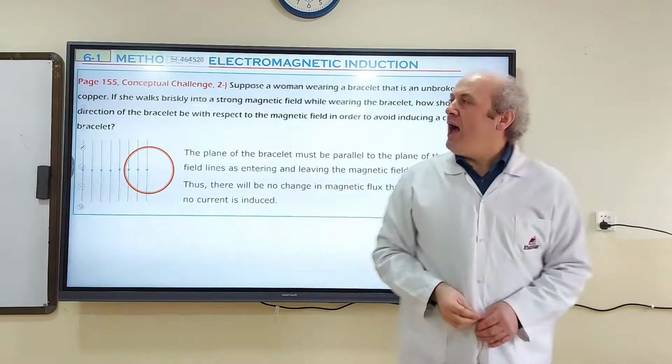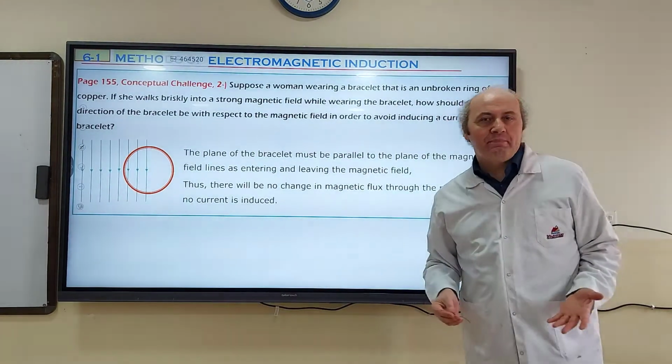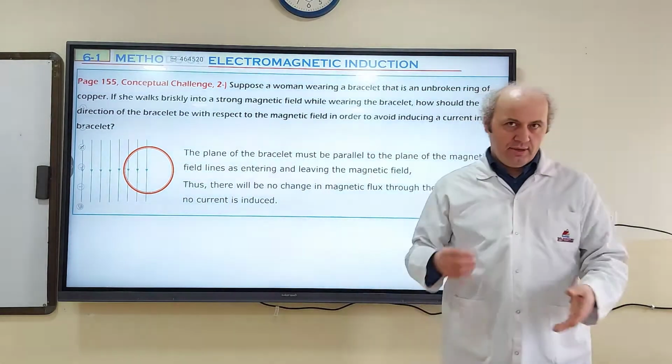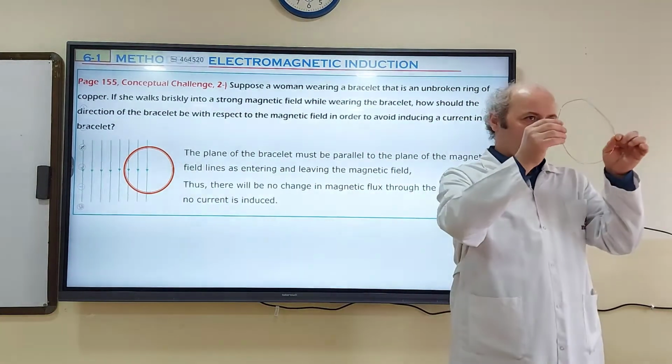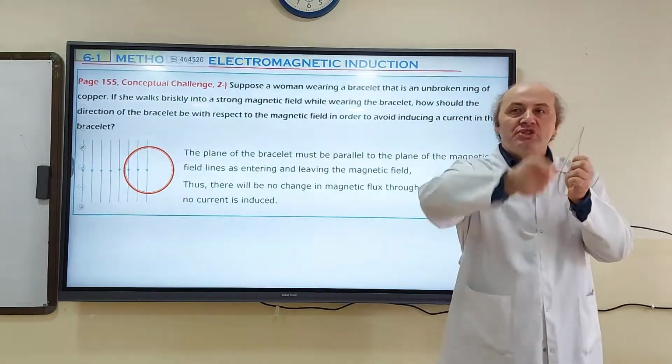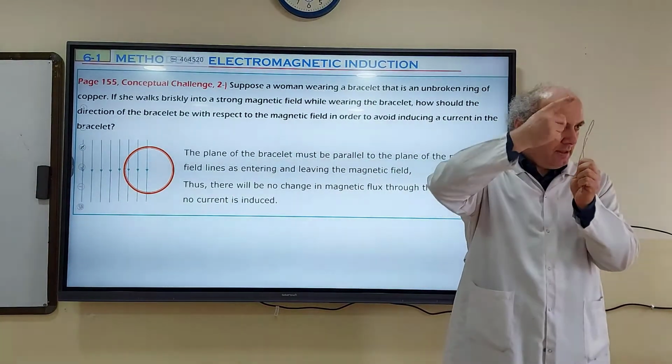Suppose a woman is wearing a bracelet that is an unbroken ring of copper. The bracelet is similar to this loop. It's copper again. Unbroken ring means electric current can circulate in the bracelet.